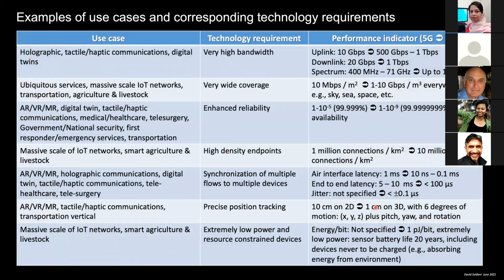Now, what are the new use cases we are thinking of, and what are the corresponding technology requirements? Basically, in terms of technology requirements, like in the earlier generations, we think of improving them on average by a factor of 10, let's put it this way. Most of those use cases are the ones we envisioned back in 2013 to 2015 for 5G, but the technologies are still not able to meet all those technical requirements that will allow communication and delivery of specific service applications such as tactile and haptic communication, for example.